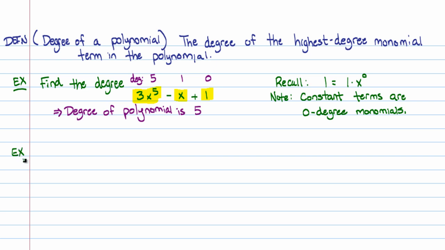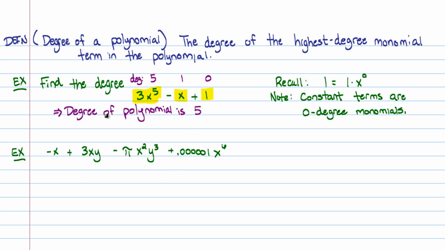Let's do another example, and then I'll explain why this is true. Same instructions, find the degree of: negative x plus 3xy minus pi times x squared y cubed plus 0.000001 x to the 6th.